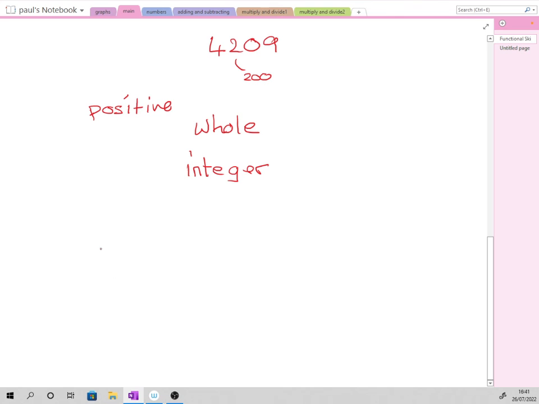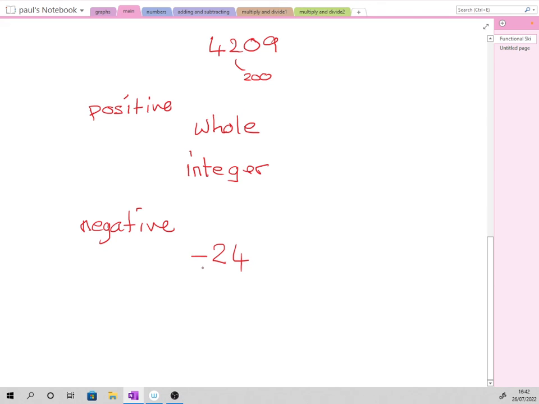Now, there are also negative numbers that we can deal with. And to show everybody that there is a negative, we just put a minus sign before it. So this is negative 24 or minus 24. And the minus sign, although it seems very simple, it's just minus, negative, take away, subtract, all these different words we can have to mean the same sign or symbol.